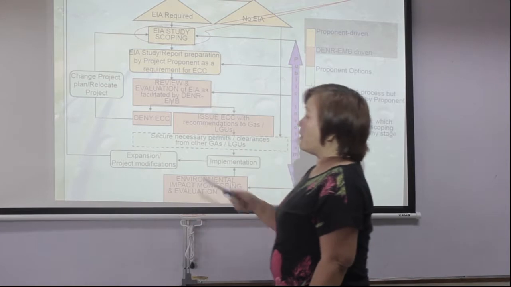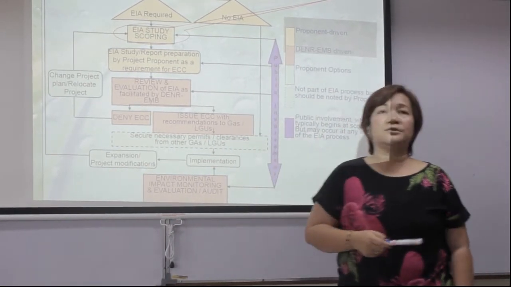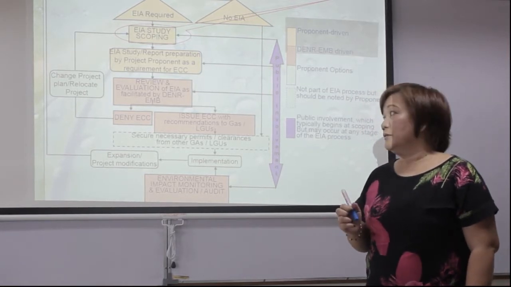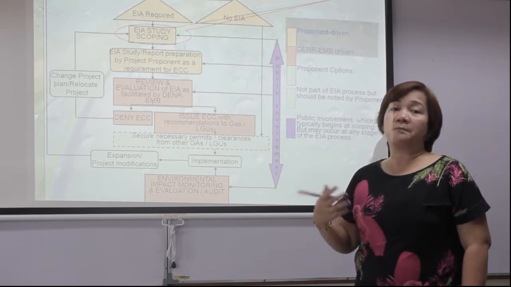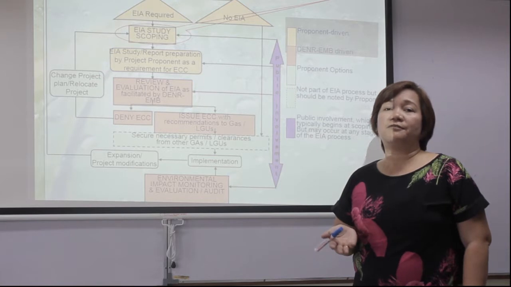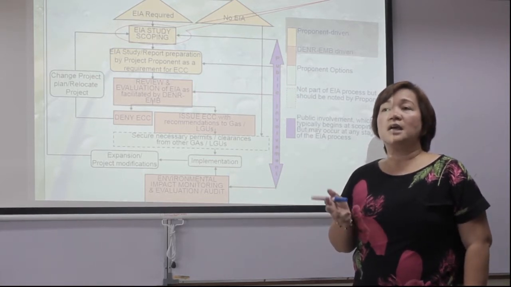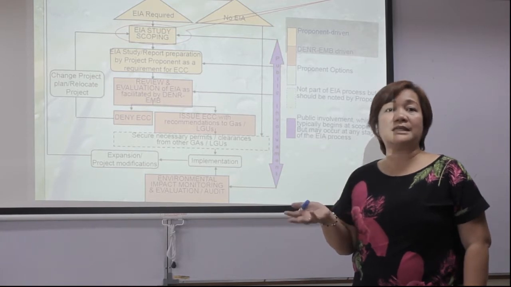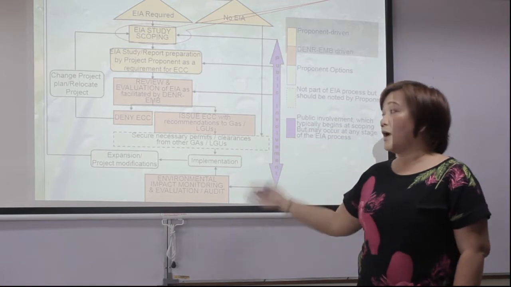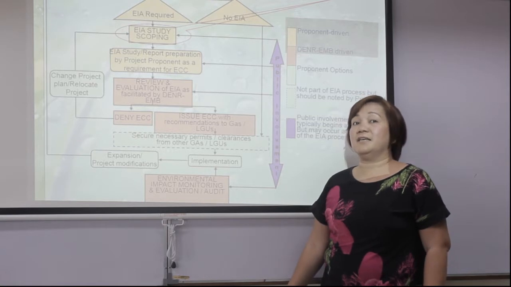Now, assuming you have a positive result, you'll be issued an ECC. Please take note that in order to avoid bureaucracy, red tape or corruption in DNR, the EIA law has been modified: upon submission of your report or the EIS, if after 30 to 60 days the government has not given a result on your application, the company will automatically get an ECC.